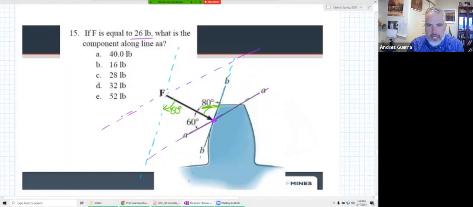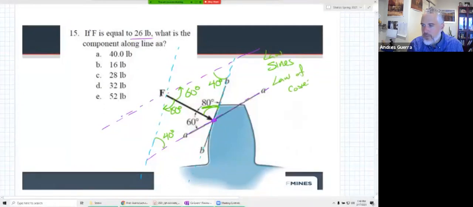Oh, there's a black to a purple right there, so that's got to be 60 degrees. And actually, this one has to be 40 degrees then, just from summing the interior angles on that triangle. And so then we go into our law of sines and law of cosines to solve this problem.